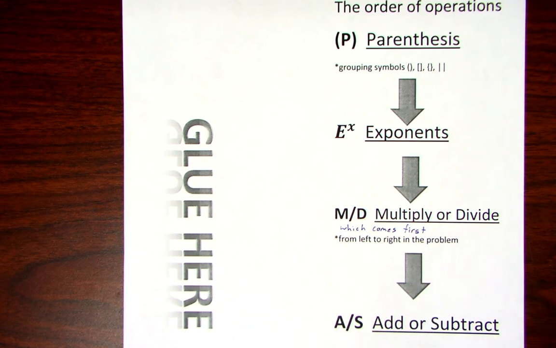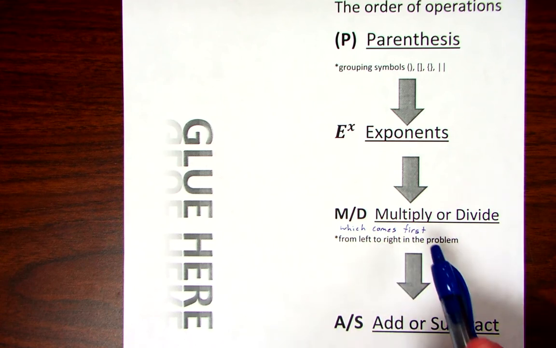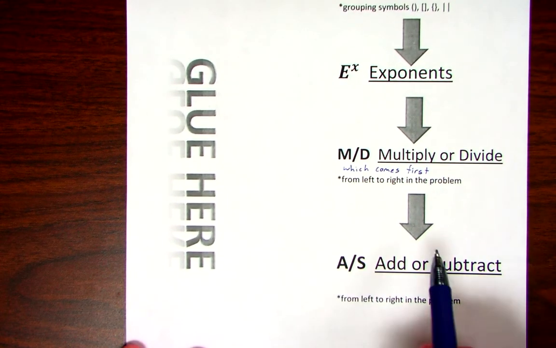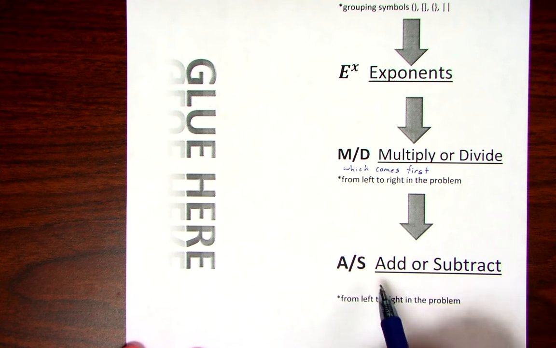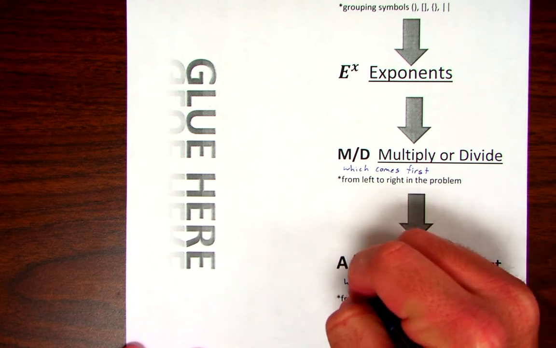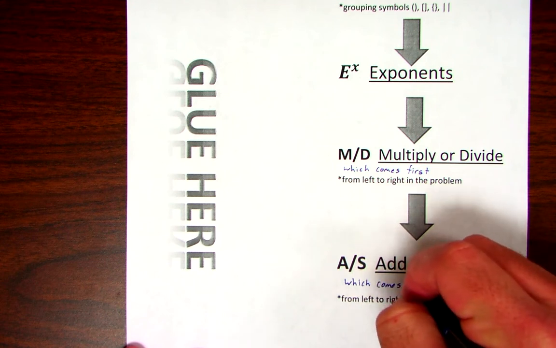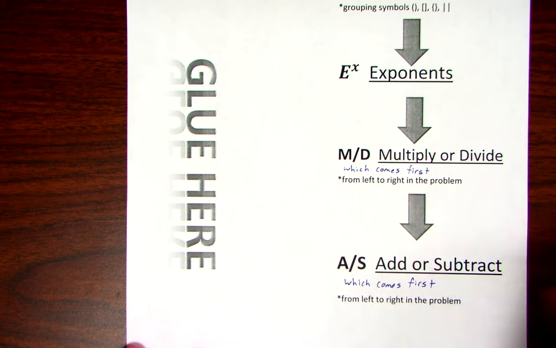If you see the multiply first, you would multiply before you divide. You'll see some examples here in a few minutes, guys. Then the A is for add, the S is for subtract. Same thing here. It's whichever comes first from left to right in the problem.